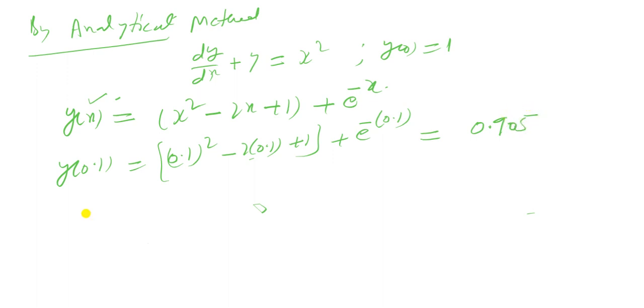So when we compute the error, the error is the difference of the exact solution and the approximate solution. The exact solution is 0.905 and the approximate solution is 0.905. So the error is 0, that is, the approximate solution is equal to the exact solution for the given initial value problem with the help of the RK method.